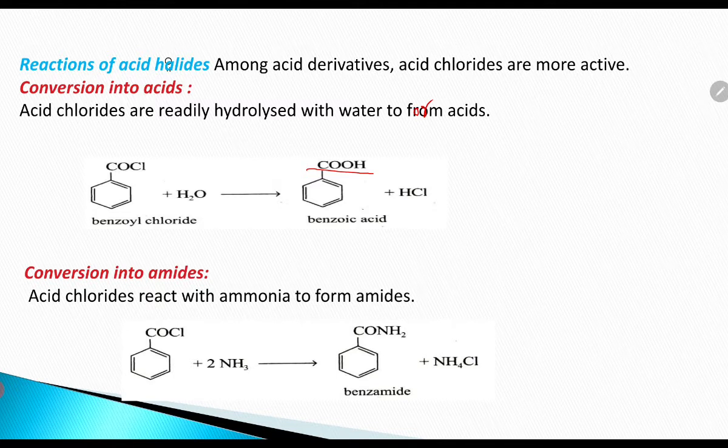Next, conversion to amides. Acid chlorides on reaction with ammonia give rise to amides. That is, the Cl group of acid chlorides is replaced by the NH2 group of ammonia and we get acid amide. That is, benzoyl chloride is converted to benzamide.